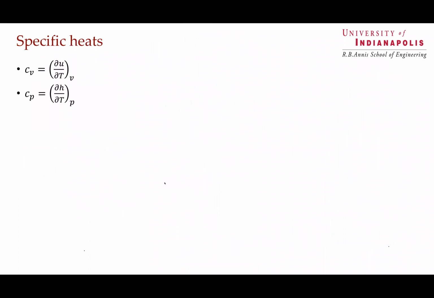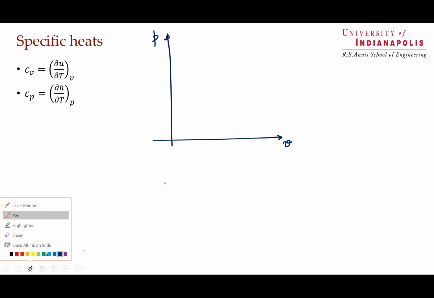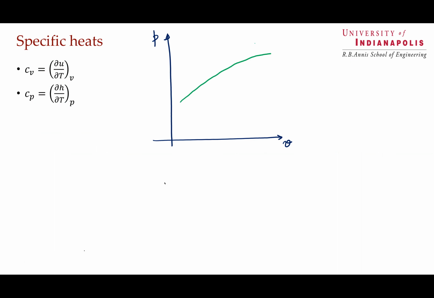One last thing about the boundary work is the area under the PV curve. So if you know the PV curve of the process, right? That area under the PV curve, this is the PV curve. Area under the PV curve can be found by integration.